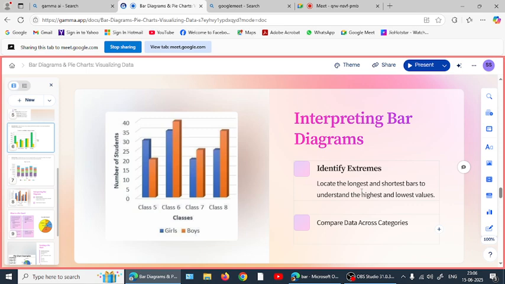It is actually the number of students. That means which standard has the most boys and girls? Class 6. Yes. And which standard has fewer boys and girls?